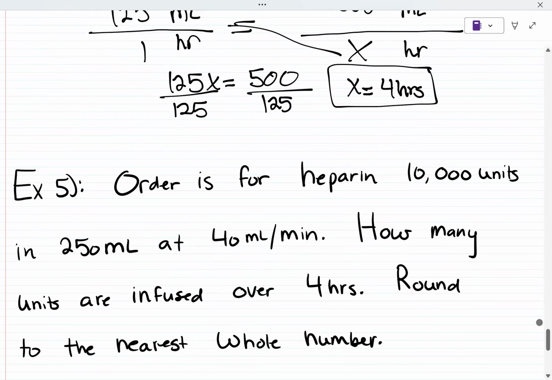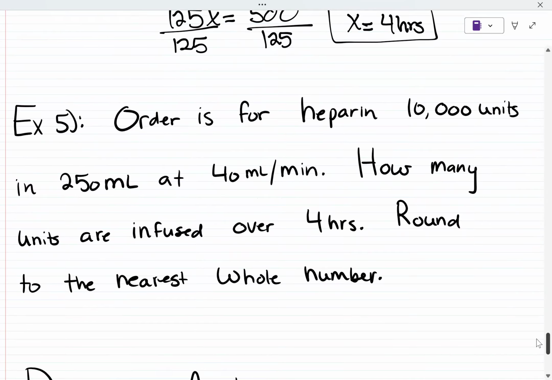Okay, let's do example 5. So example 5, orders for a heparin of 10,000 units and 250 milliliters at 40 milliliters per minute. How many units are infused over 4 hours? Round to the nearest whole number.